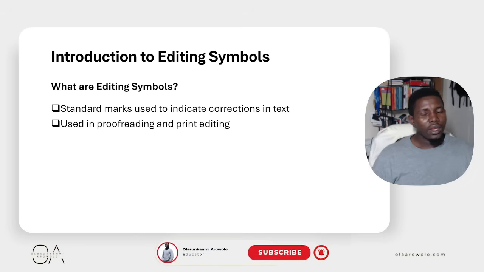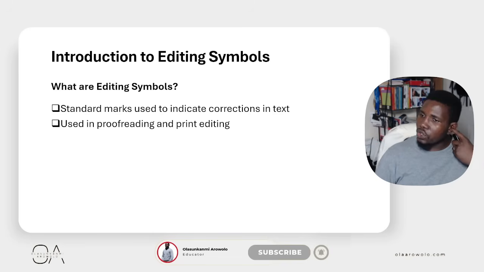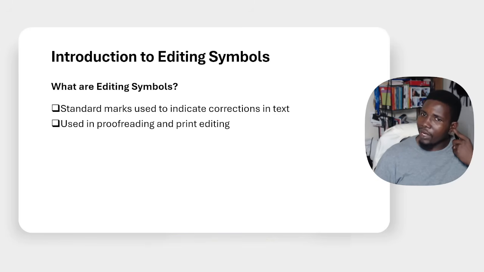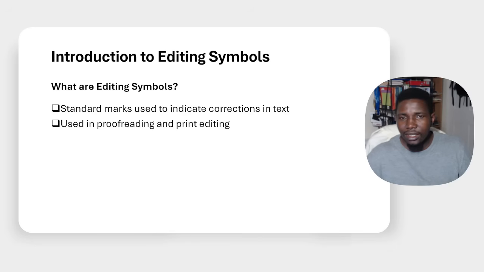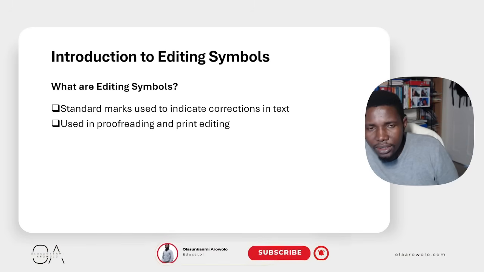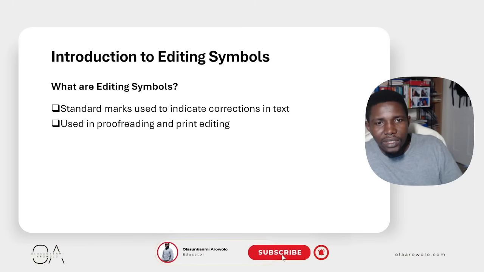Moving on, the editing symbols are also very important. These are a shorthand way of correcting without having to write sentences. If you want to know more about this, look out for the video I'll put in the description.